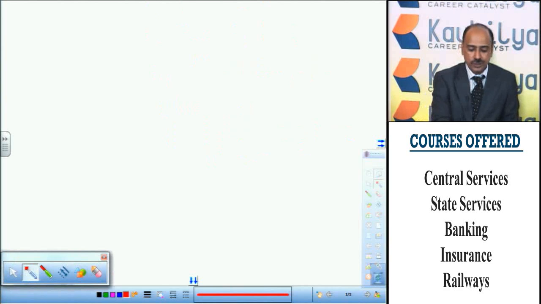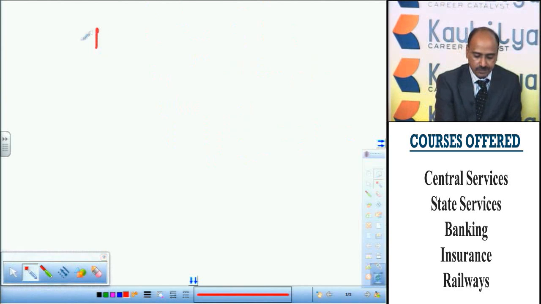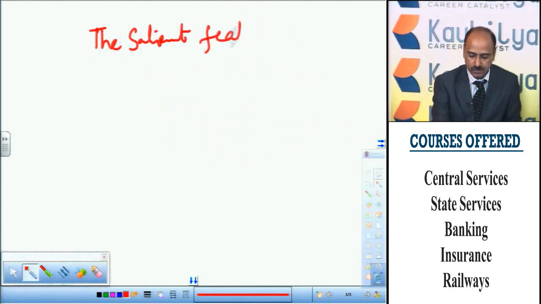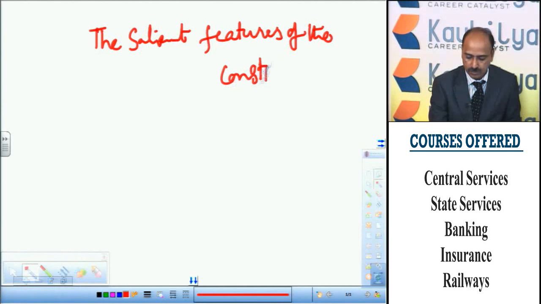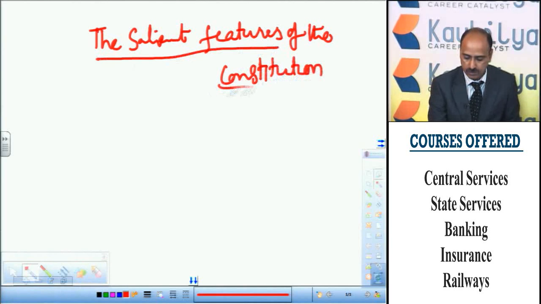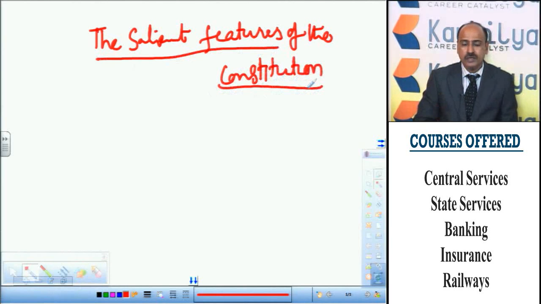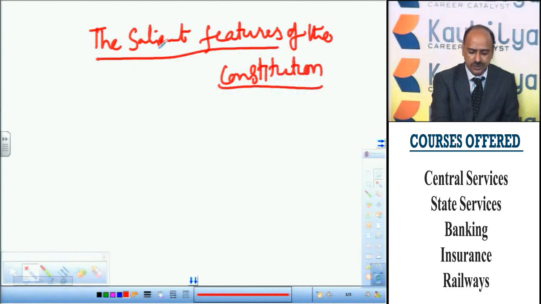The salient features of the Constitution. The Indian Constitution was made from different country sources. Then our Constitution has some salient features, special features.